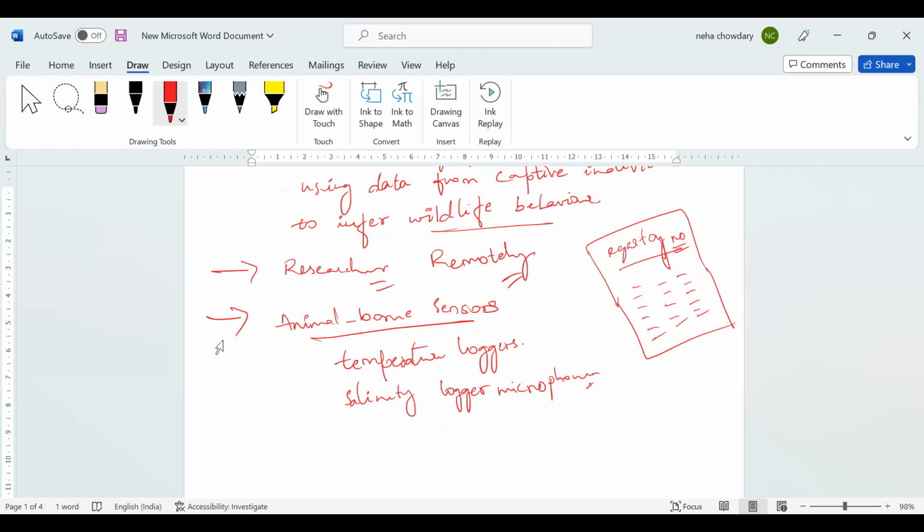The first attempt they made to remotely track animal locations was in the 1960s through VHF telemetry.